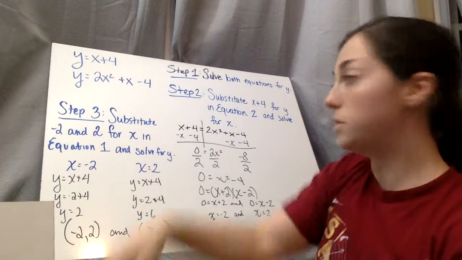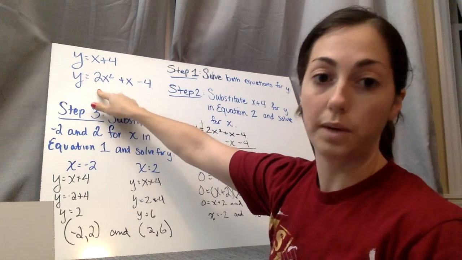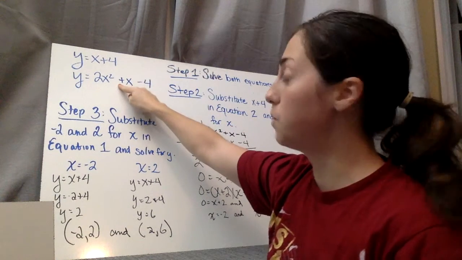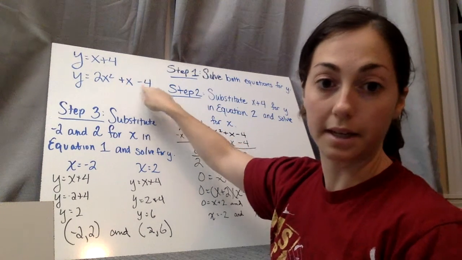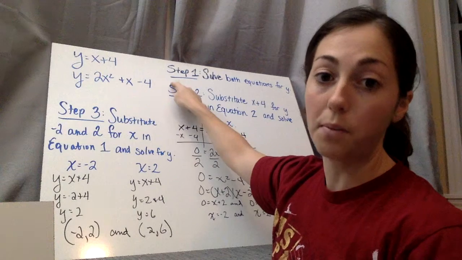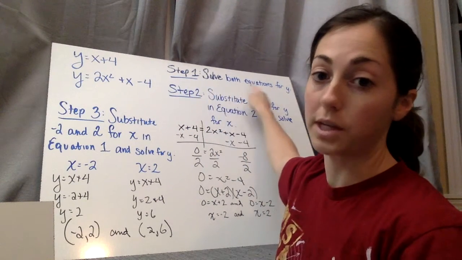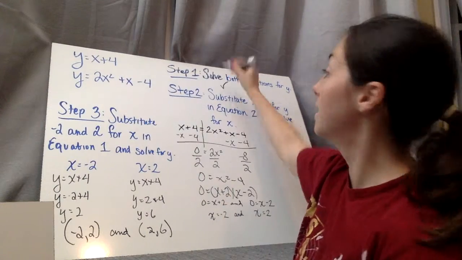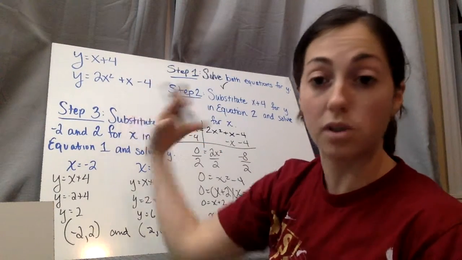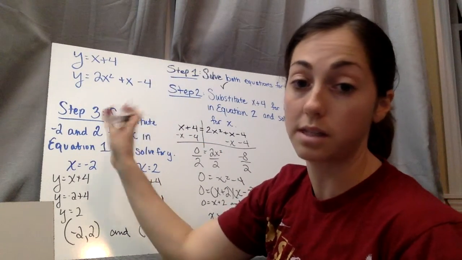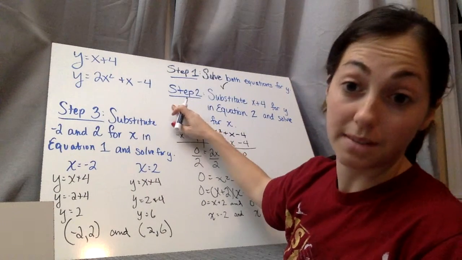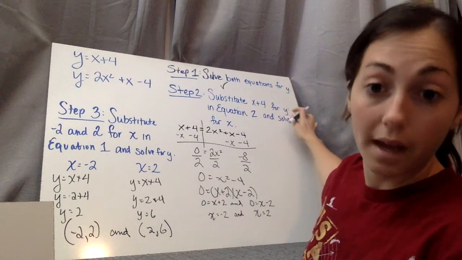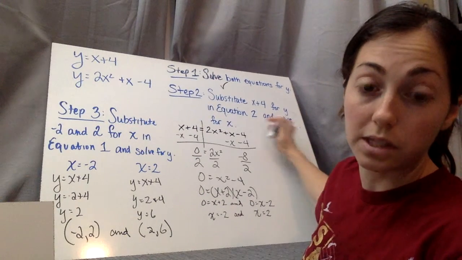Okay, so start looking here. We have y equals x plus 4, and our second equation, y equals 2x squared plus x minus 4. Step 1, solve one of the equations for y. Well, step 1 is done. Check. y equals. When it says solve for y, that means get y alone. So that's done. We like it when steps are already done. Step 2, substitute x plus 4 for y in equation 2 and solve for x.